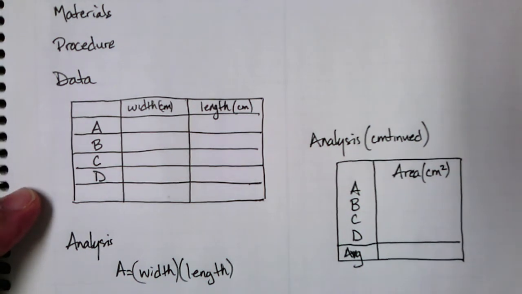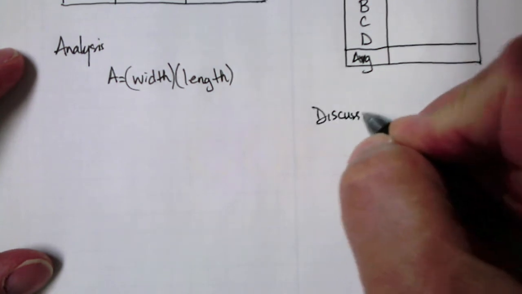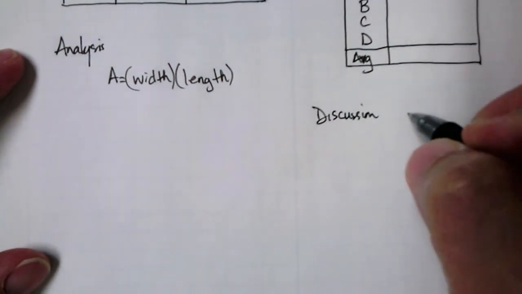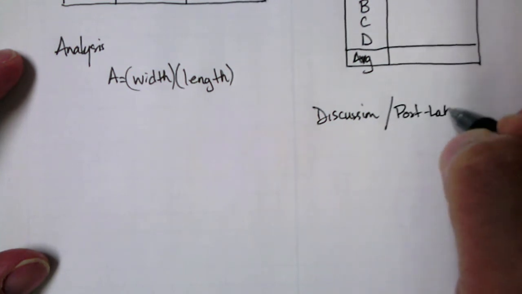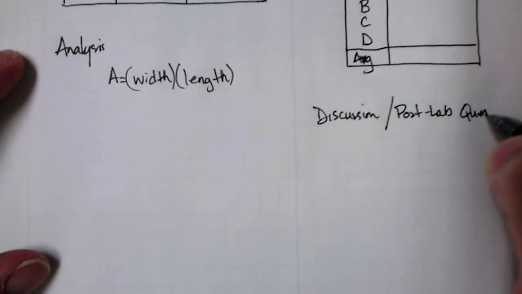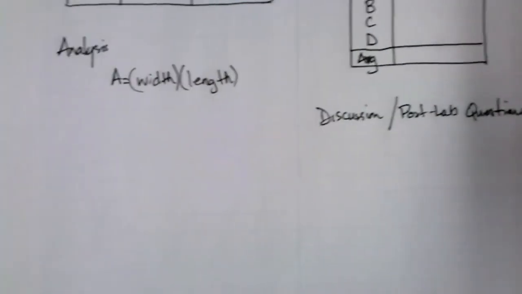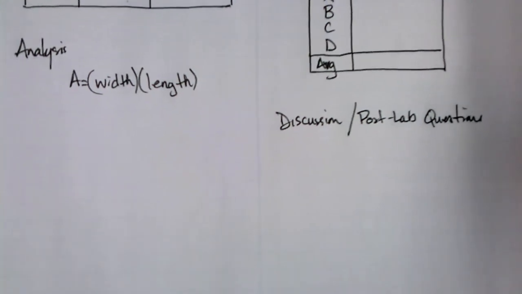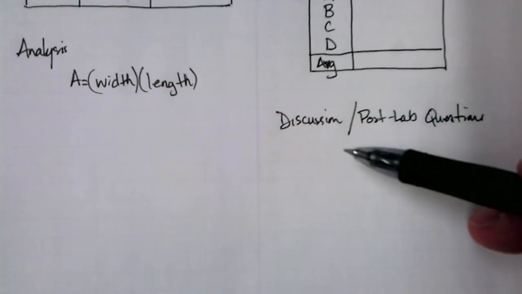Finally, the last section that you'll need to do will be discussion and post-lab questions. Sometimes you'll be asked to determine specific things, and you'll want to give the value that you determined in the discussion.